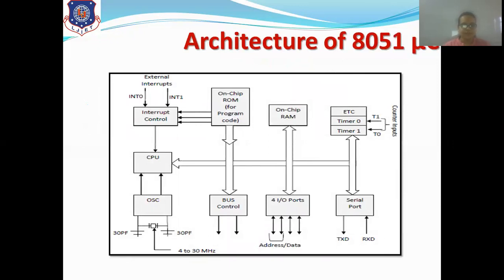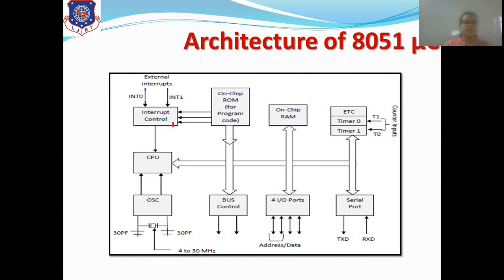Clear? Now, first let us see the architecture of 8051. Here in the figure, the architecture of 8051 has been shown, where at the center is the brain of the controller, that is nothing but the CPU. For the CPU to process, it should run at a particular frequency. So here the oscillator is connected to give the particular frequency to the 8051 microcontroller.